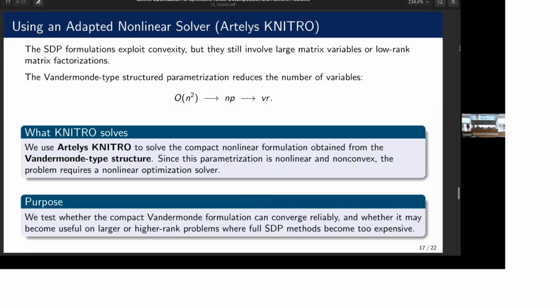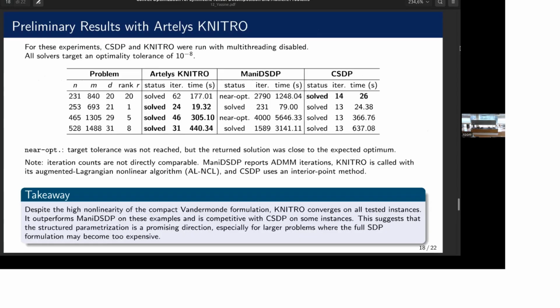The purpose of this test is to see if this compact formulation of the SDP problem is consistent and can converge to the solution. We also want to see if it can be competitive with the low rank and the full SDP formulations when we increase the dimension. Here I'm comparing this Vandermonde decomposition using Artelys Knitro, the results of ManyDSDP for the low rank approximation, and CSDP using the full SDP formulation, which is the convex problem.